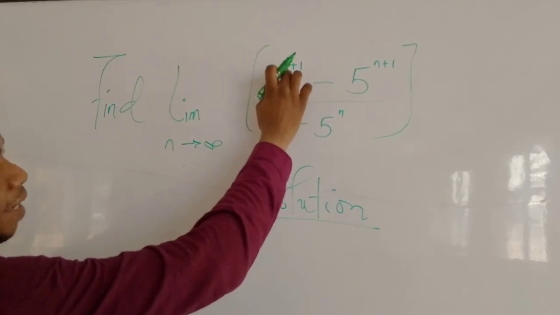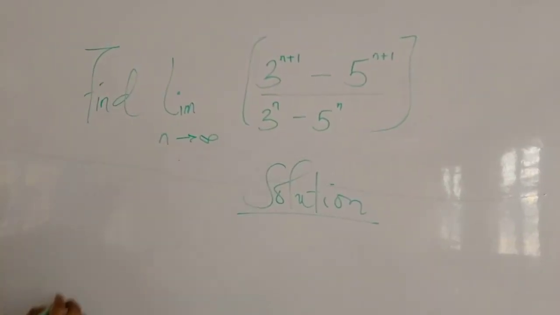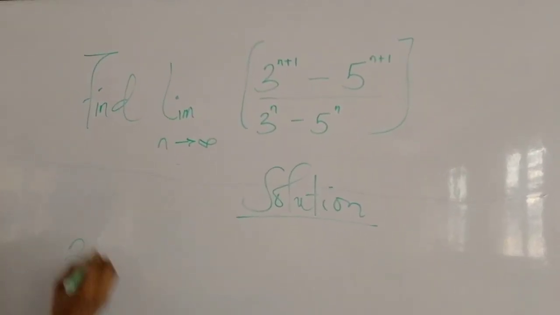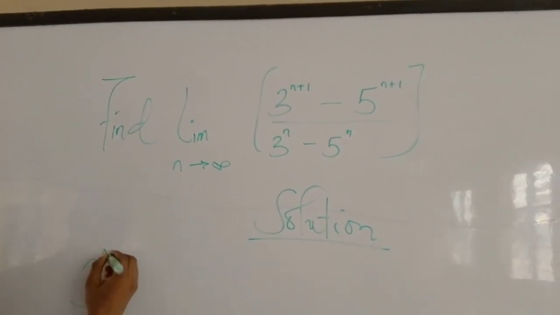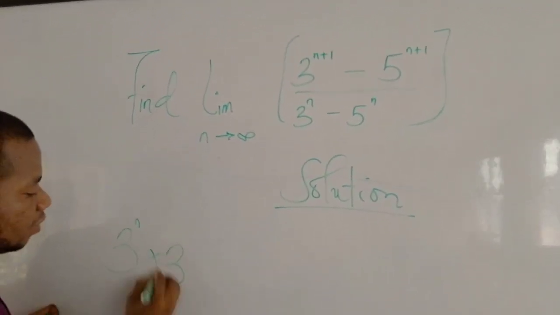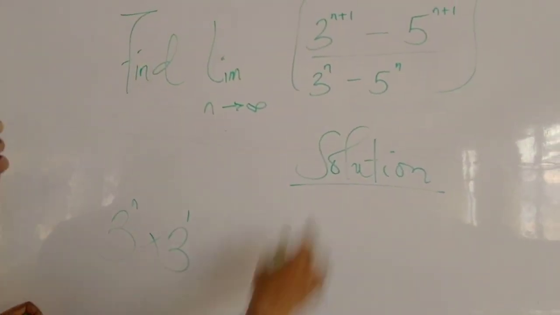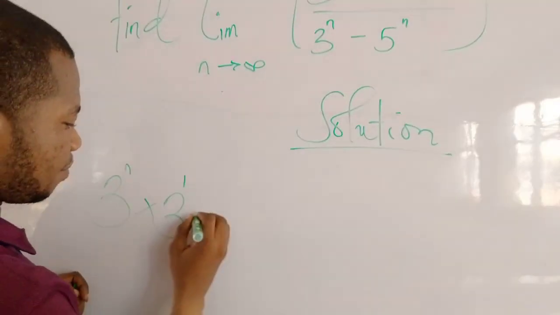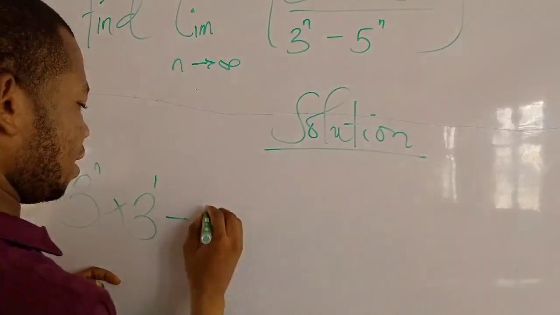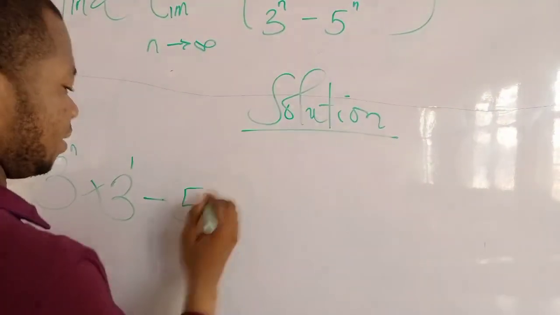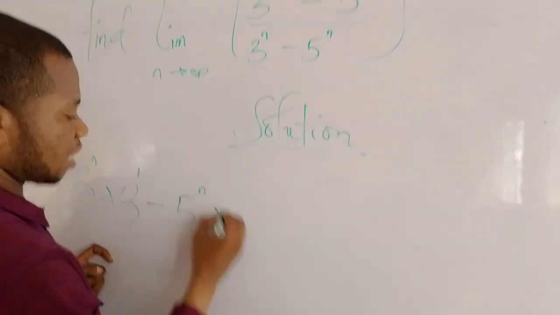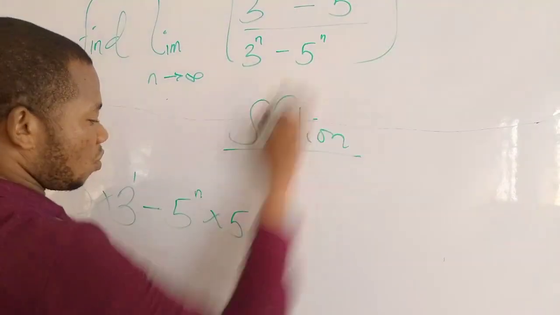3 raised to the power n plus 1 is as good as saying 3 raised to the power n times 3 raised to the power 1. Of course, this is multiplication of indices. So coming here, I have minus 5 raised to the power n, times 5 raised to the power 1.